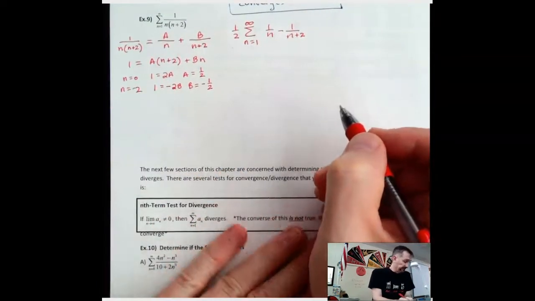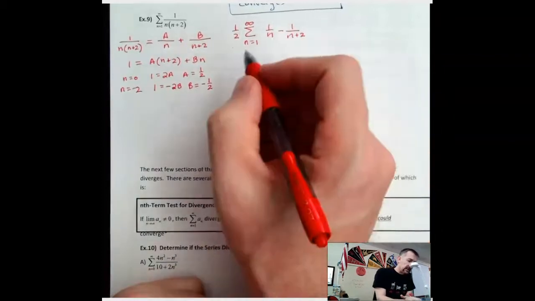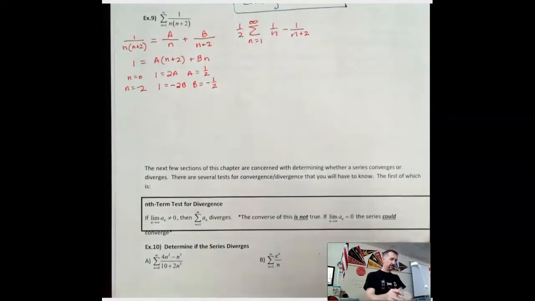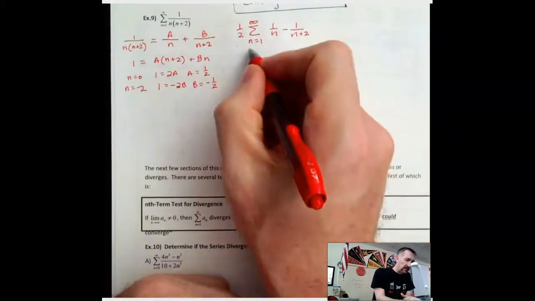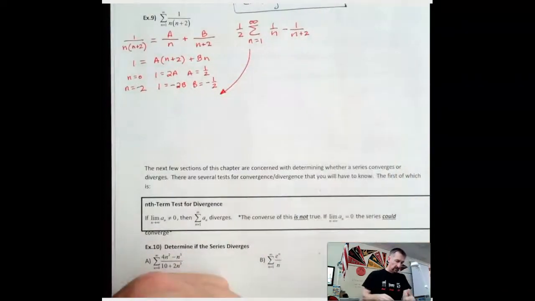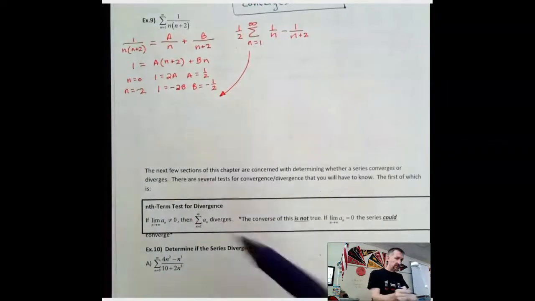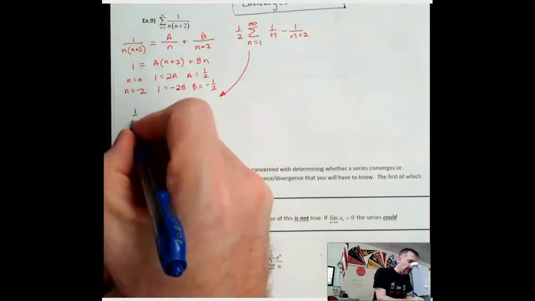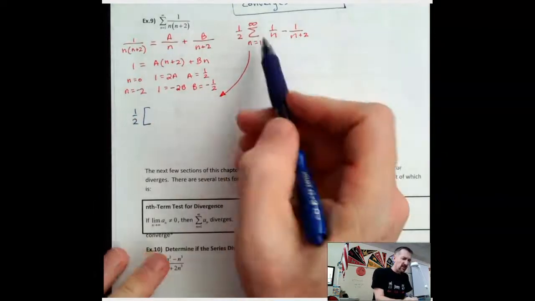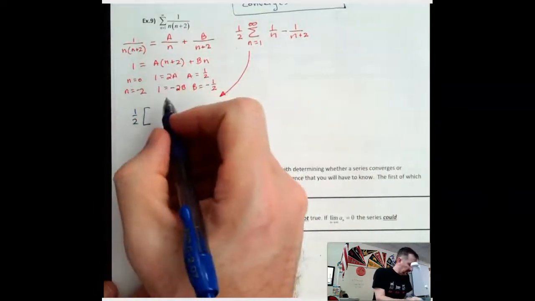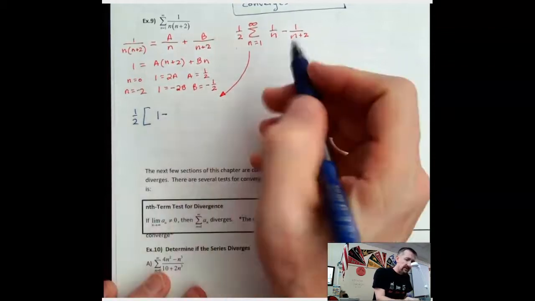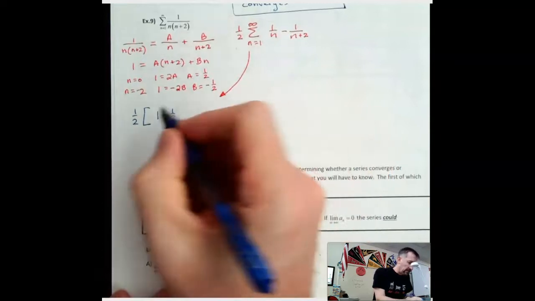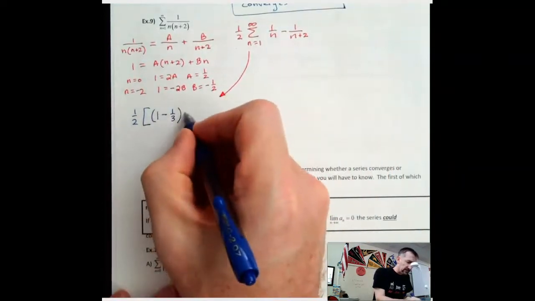All right. So now, if we start to look at that, I'm going to bring that down here so I have more room. Okay, so let's start plugging some stuff in there. So we have the 1/2 out there. And then if we plug in 1, we're going to have 1 minus 1/3. Okay, that's our first term.